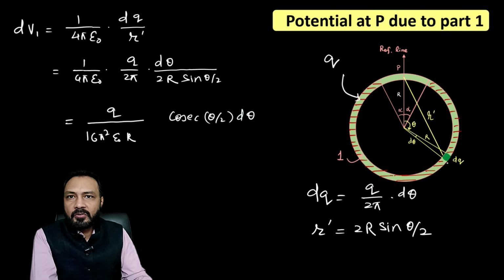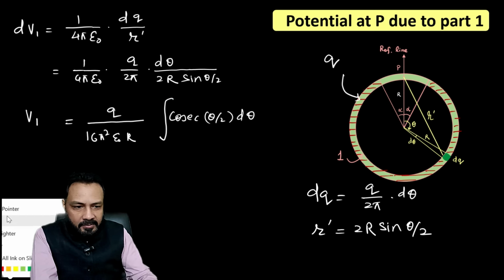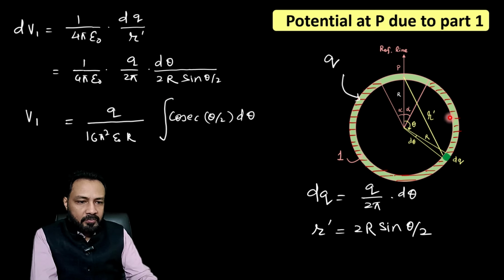This is the contribution due to this element dq. For the whole part 1 we will integrate, so that we get v1, so that will be this integration. As this element goes from here to here, we'll cover the whole part 1. So as we go from here to here, the limit of theta will go from alpha to 2 pi minus alpha.